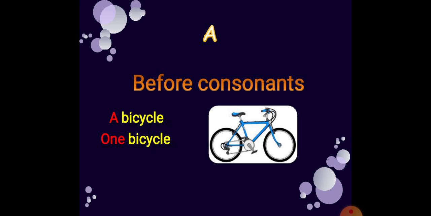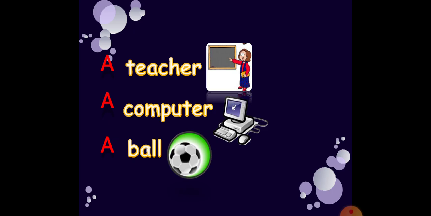So, a means one. Let's see more examples. A teacher, a computer, a ball. You can see that in these nouns, the first letter is a consonant. So that is why we are using a before these nouns.